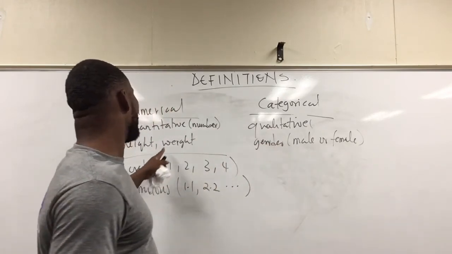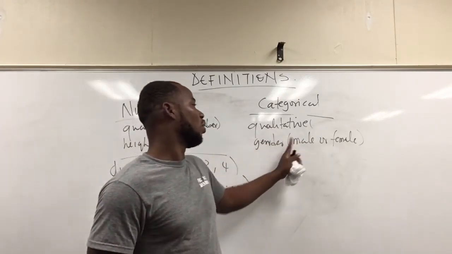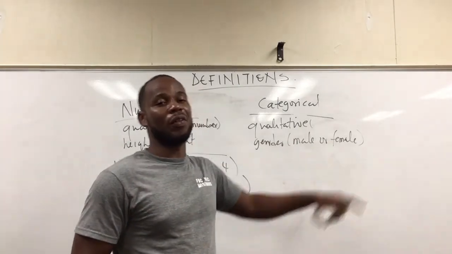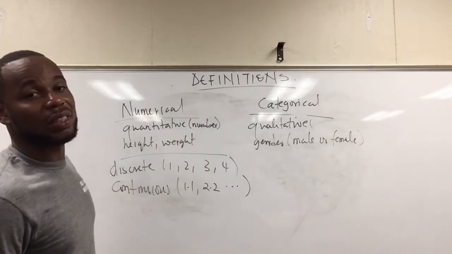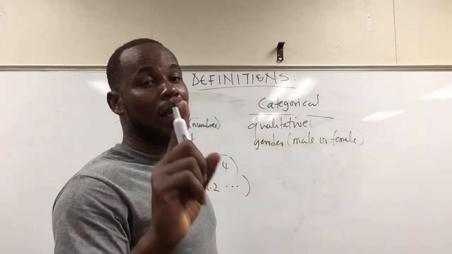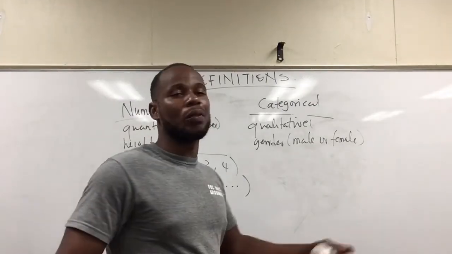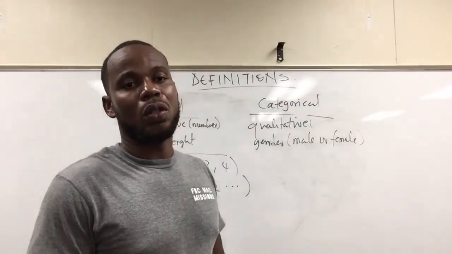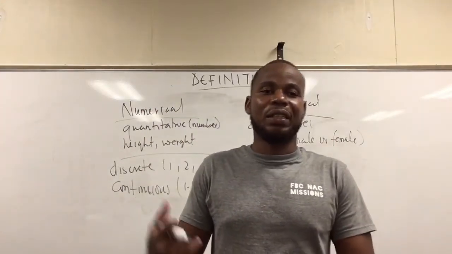For example, height and weight are numbers, and gender, male and female, is categorical. Then we also have discrete. Discrete is just one number, no interval. But continuous has to do with 1.1, 1.2. That is intervals.